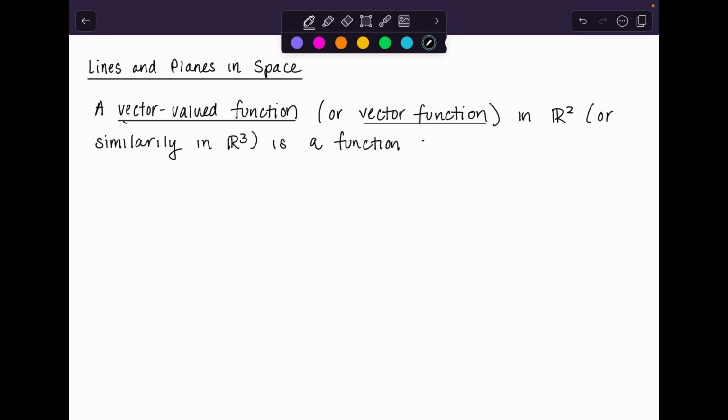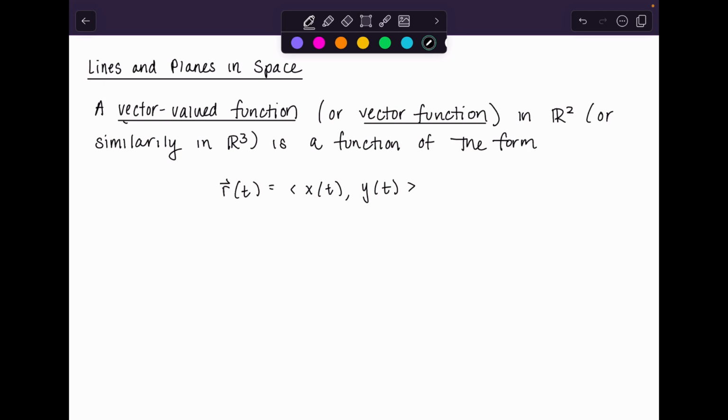So it is a function of the form r of t. So t is going to be the thing that you input. We use r to indicate that this is that vector function with that arrow above it. And the output of this is going to be a vector for each t value that you input.